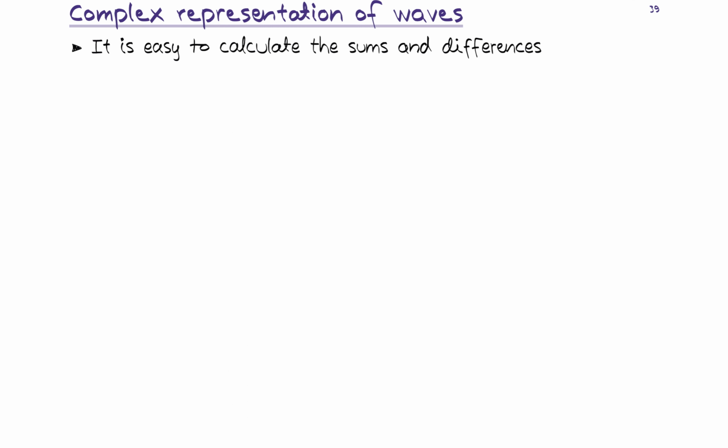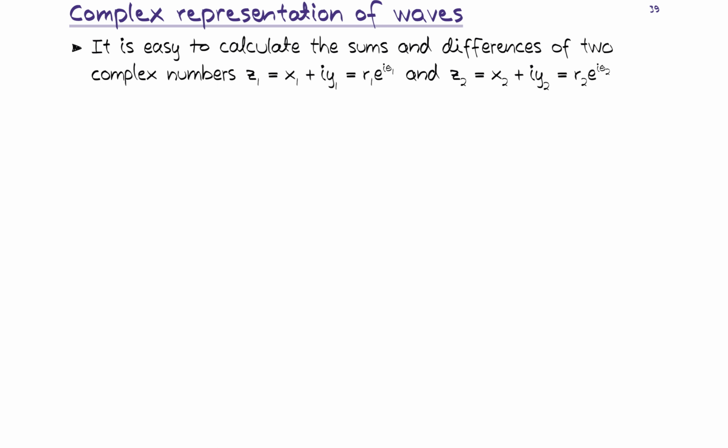And now what we can do is calculate the sums and differences. So how do we add and subtract complex numbers from each other? Let's define two complex numbers, z1, where the real part is denoted x1 and the imaginary part y1. In the exponential notation, the length of this complex number would be r1 and the phase angle theta1. Similarly for the second complex number z2, with the same subindices of 2 everywhere.